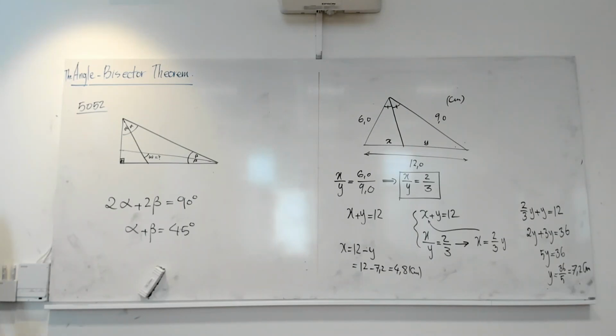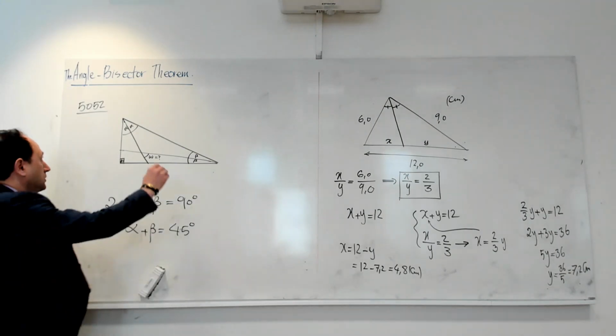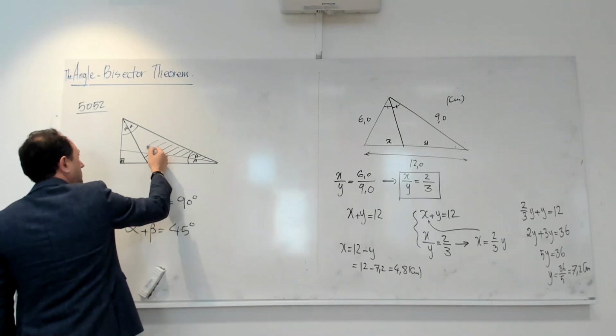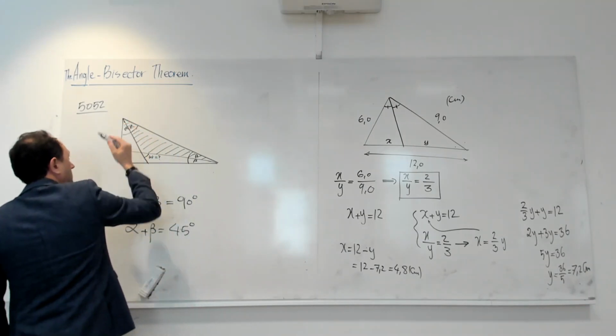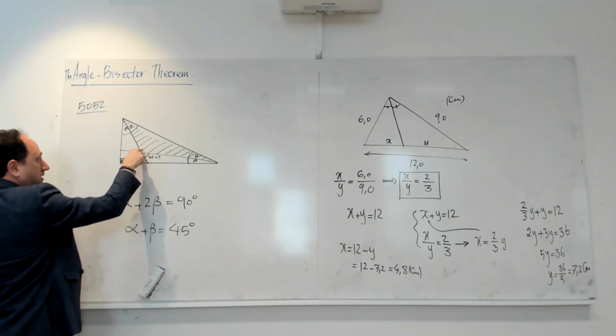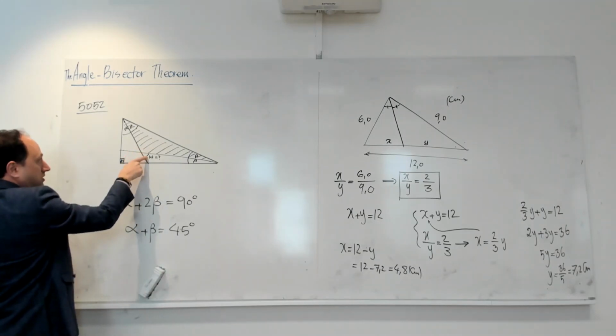But my claim is that alpha plus beta is W. Why is that? Because it's the exterior angle. If you concentrate on this triangle, this W is not an interior angle, it is an exterior angle.